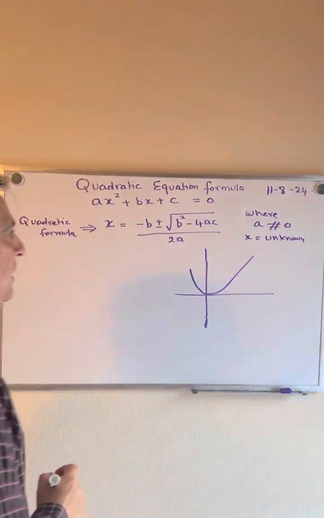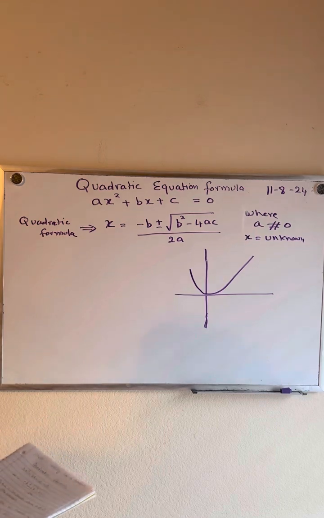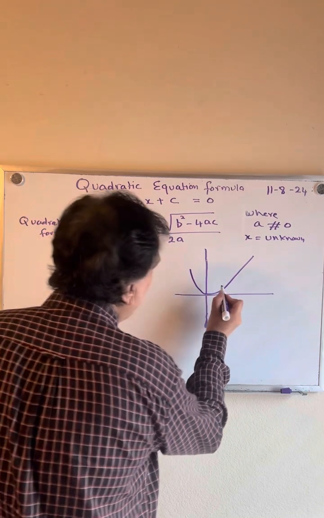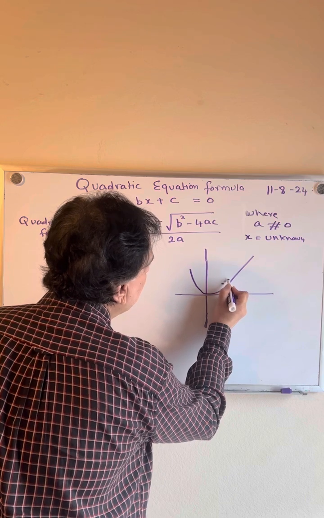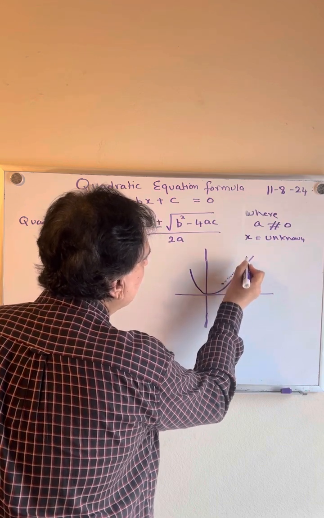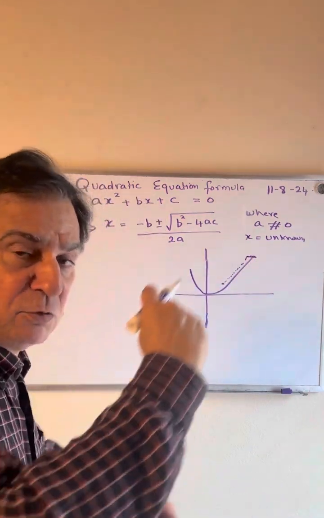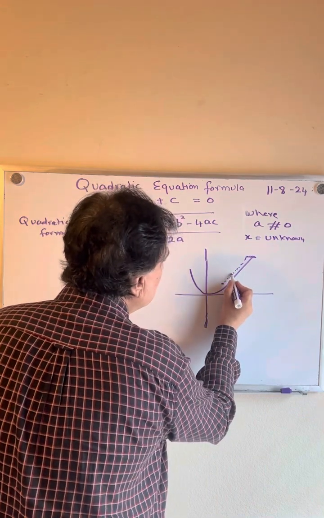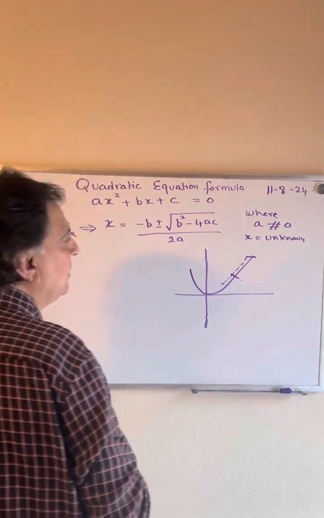So the advantage of the quadratic equation is that you can find the position of an object while it's moving. Let's say this is an object right here, and it's moving, moving, moving. You can find the peak, the highest point where the object goes. Then you can find the position of this object at this position right here.